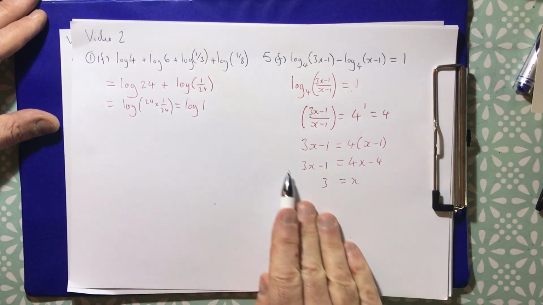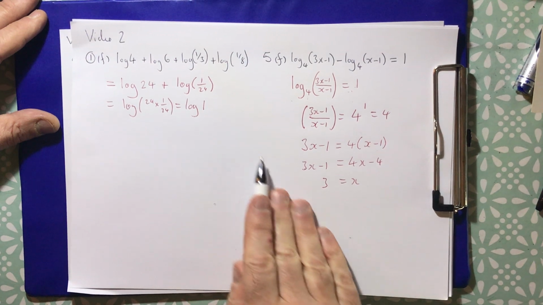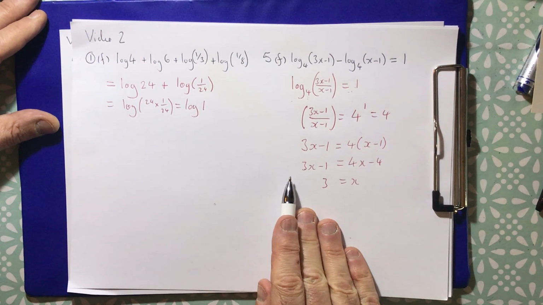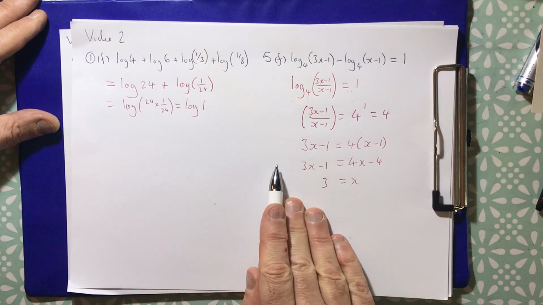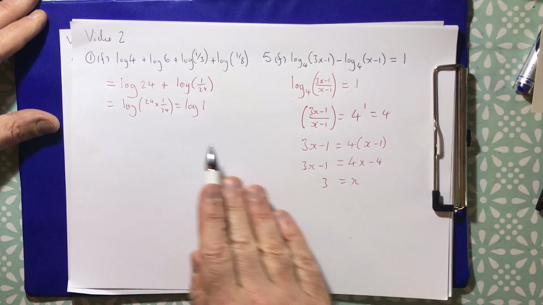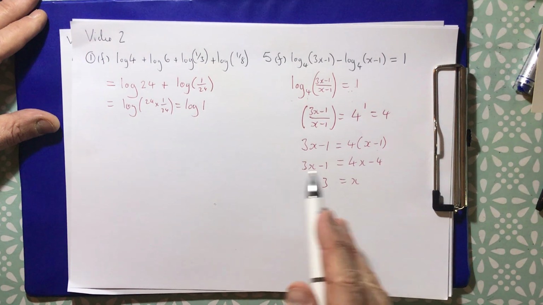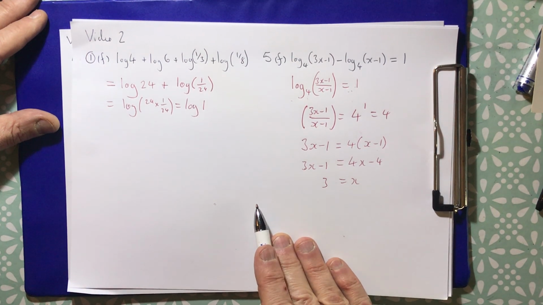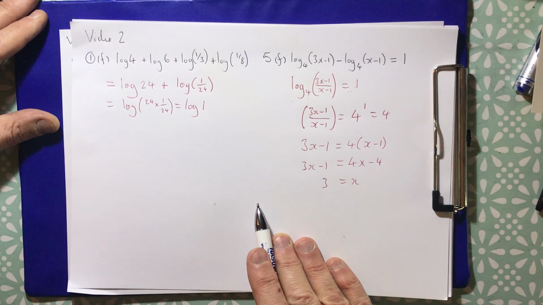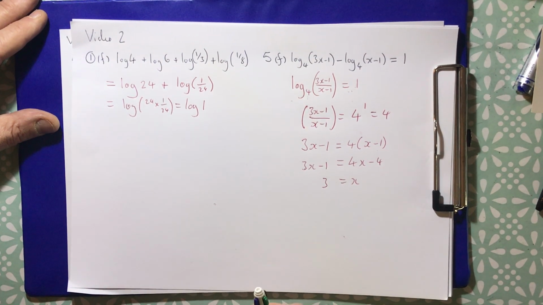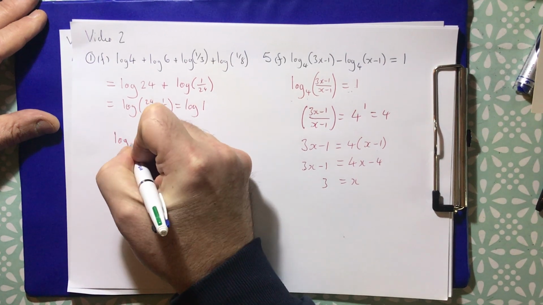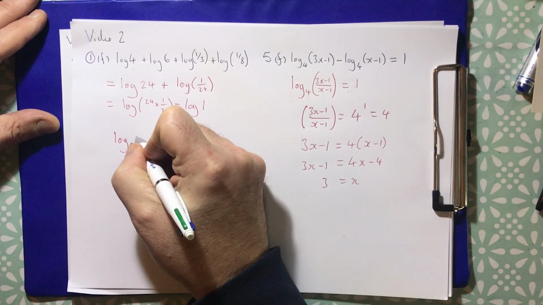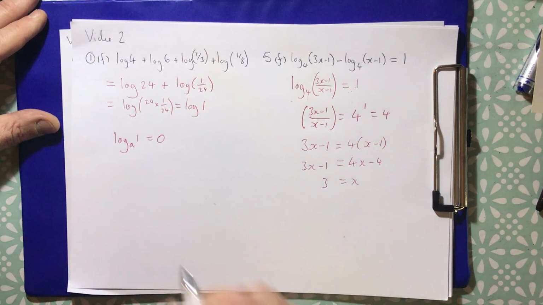You need to make sure that you've had a look at the laws of logs, which were in the video before you attempt these sorts of questions. Rather like the laws of indices, it's just something we have to learn to answer this sort of question. But just to remind you, log to any base, I'll just call it A, of 1 is 0.